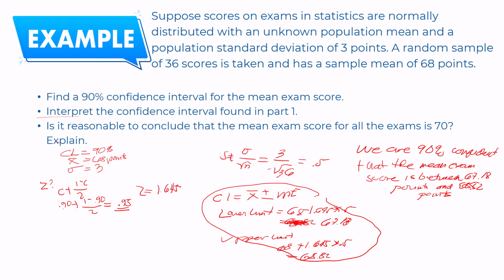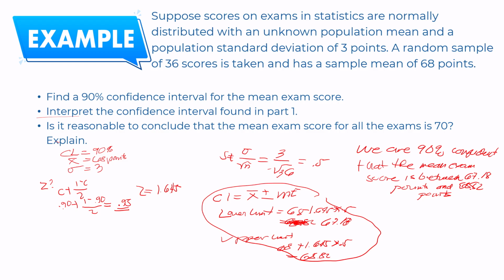Next question: is it reasonable to conclude that the mean exam score for all exams is 70? We have mentioned that the confidence interval is the range of values where we are 90% confident, meaning there's just 10% of uncertainty, that the true population mean lies between 67.18 points and 68.82. So the percentage is low.